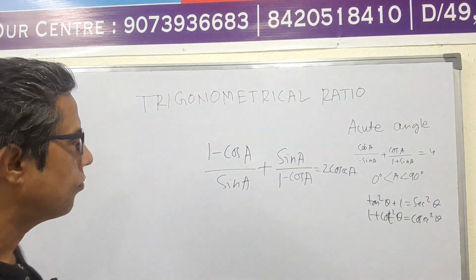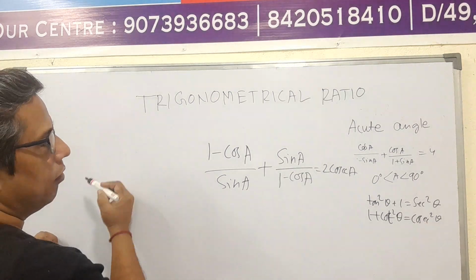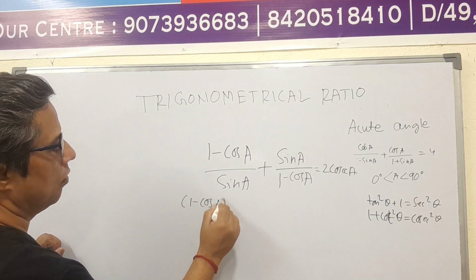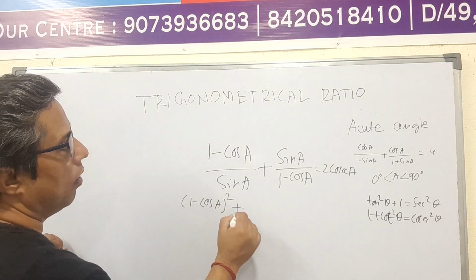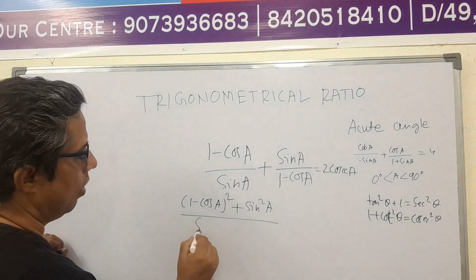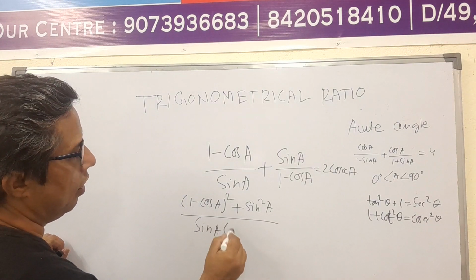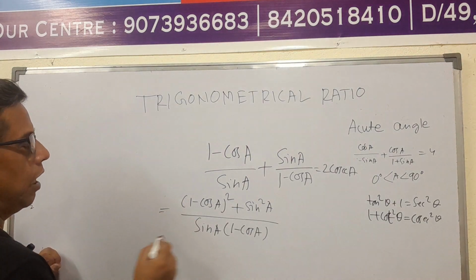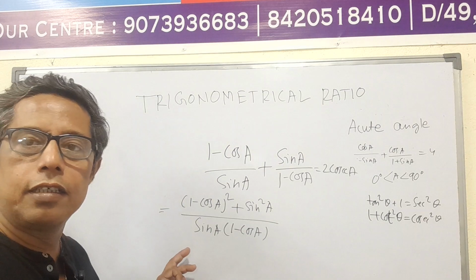Fine. So let me do the LCM. Then it is coming (1 minus cos A) square plus sin square A divided by sin A into (1 minus cos A). I am starting from the left hand side.